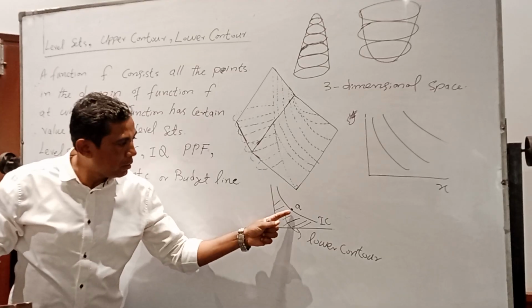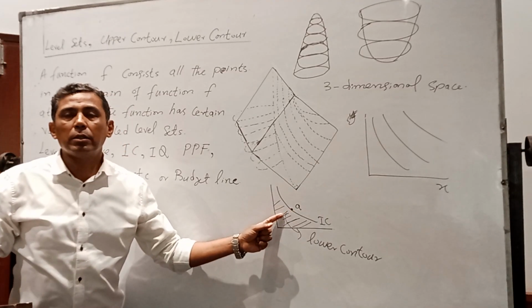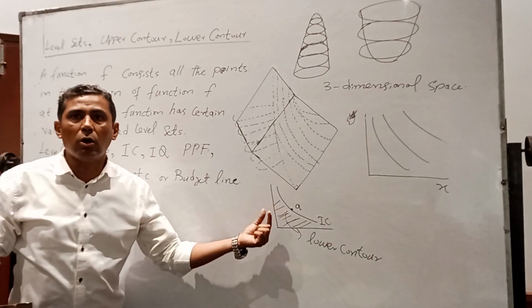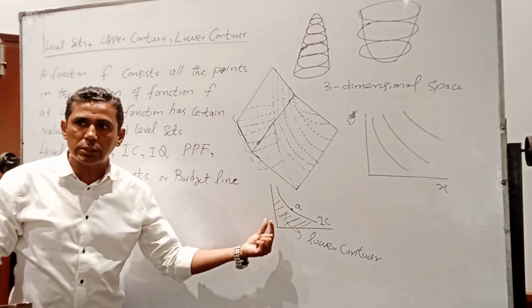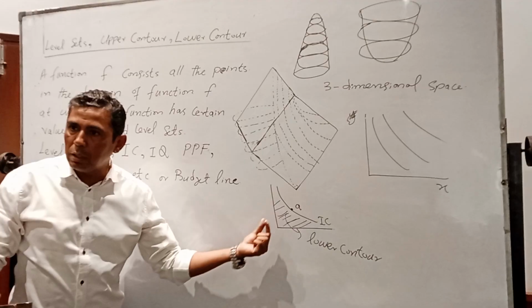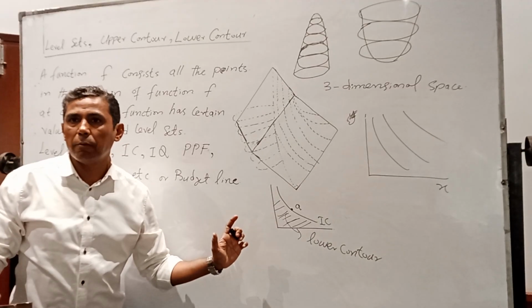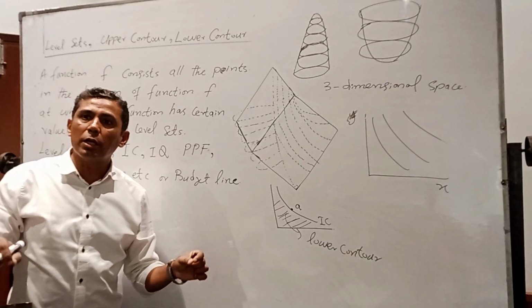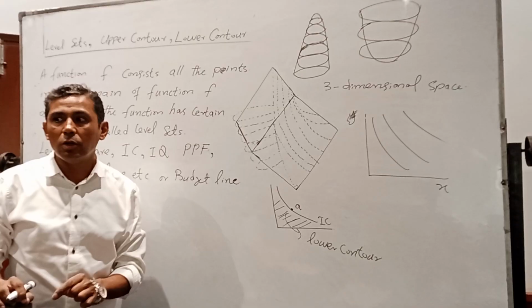Clear? Compared to A. So if all the linear combinations or the lower contour sets are convex, I can say all the lower contour sets are convex. Clear? If all the lower contour sets are convex, lower contour, clear?